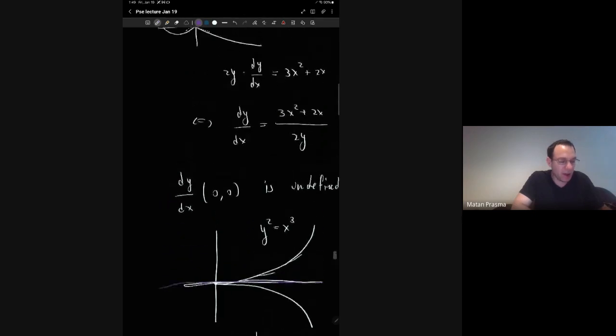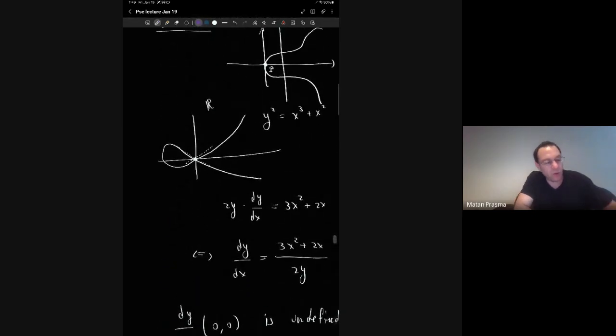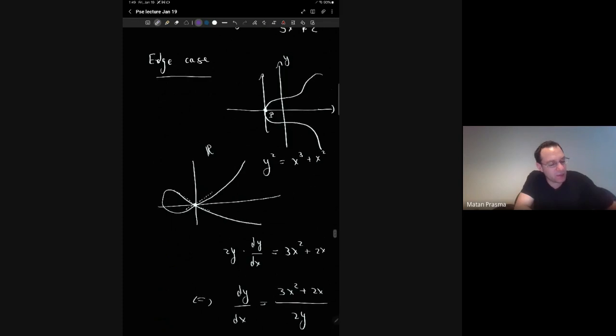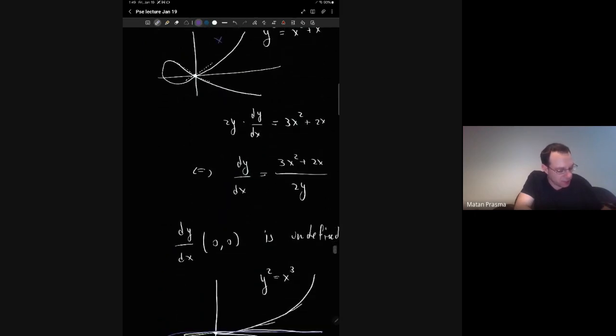And okay, so how do we distinguish? I mean, we would like to say that here there is a tangent line, but in this case, and also in this case, there are no tangent lines.